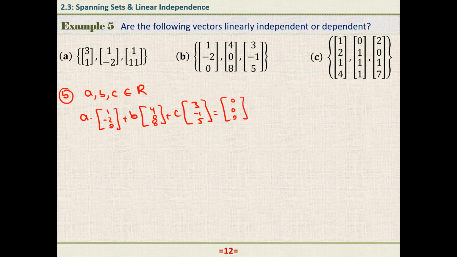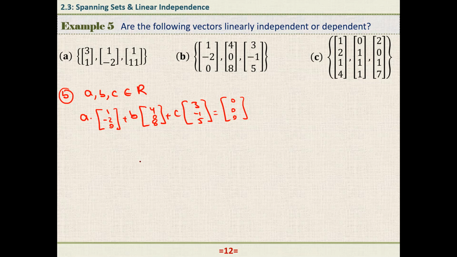If we can find non-trivial numbers a, b, c, not all of them 0 at the same time, then these 3 vectors are linearly dependent. Otherwise, if the only solution of the system is 0, 0, 0, then these vectors are linearly independent.